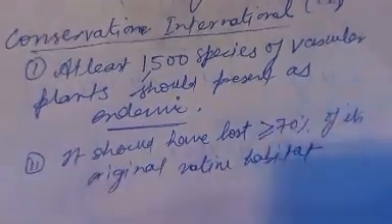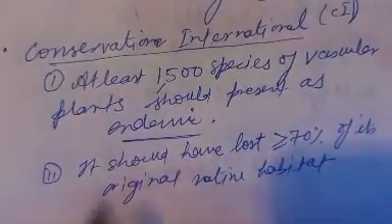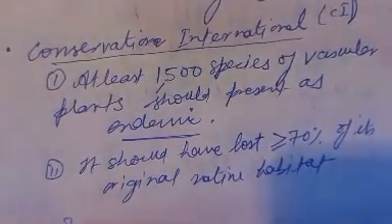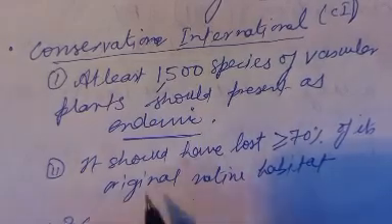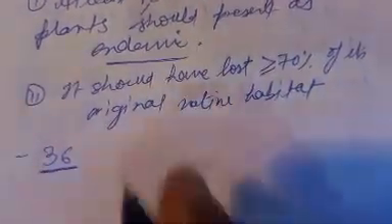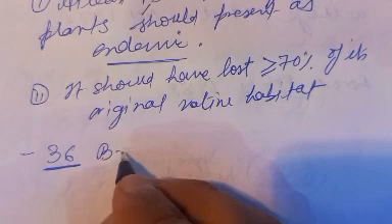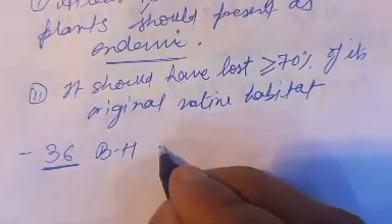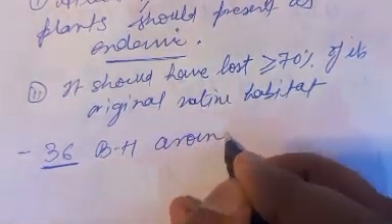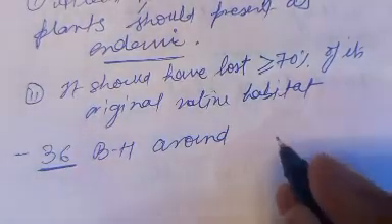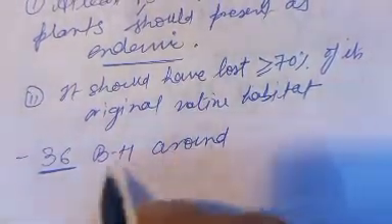And as we know, there are almost 36 biodiversity hotspots around the world. In India it is only 4. The number is 4.